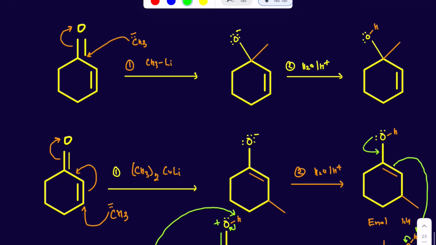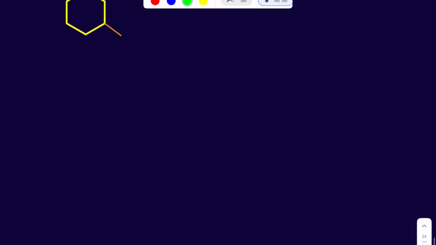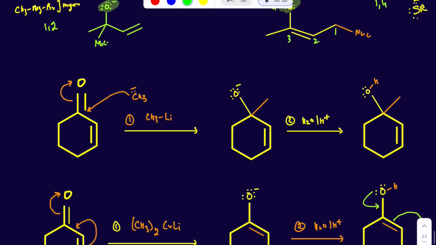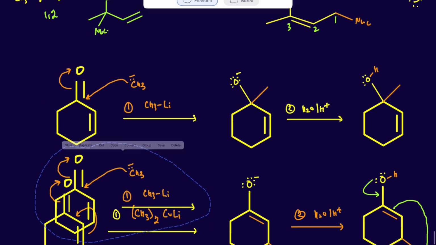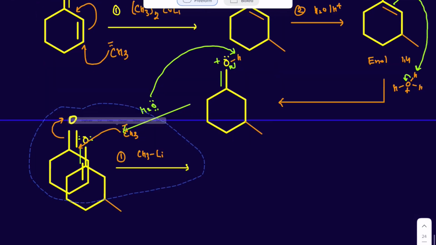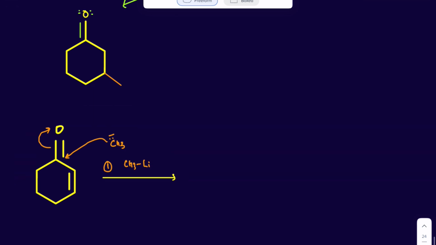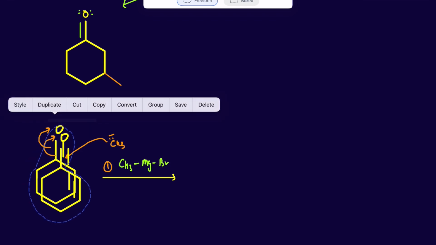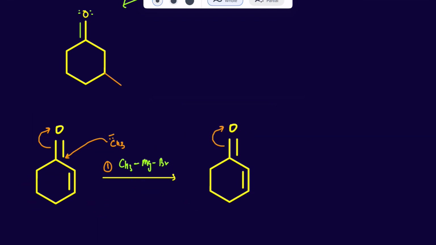Now, if I was using, let's suppose, a Grignard, so we know what happened with the lithium, we know what happened with the cuprate. With the Grignard, it can actually do both. And even though it does kind of do both at the end of the day, it still ends up making 1,2 as your major product.